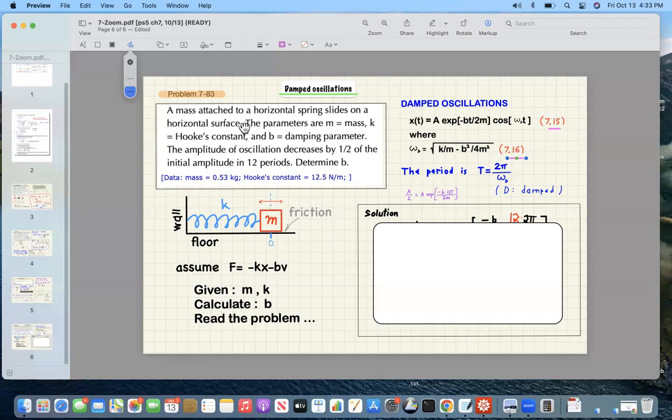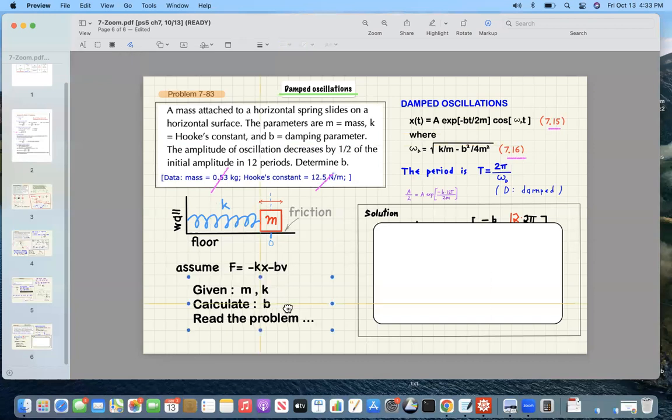Now in the problem, you see we're given M, we're given K. Here's M. Here's K. We're not given B. So we're going to have to find an equation which depends on B. That's what we're supposed to figure out. So that's the problem. The problem is to determine B.